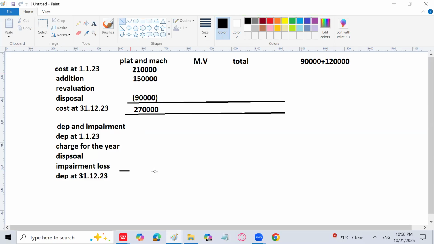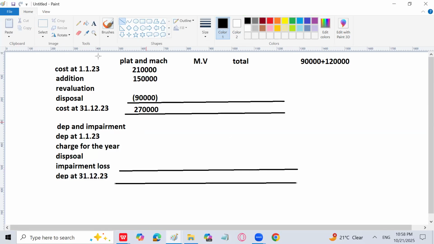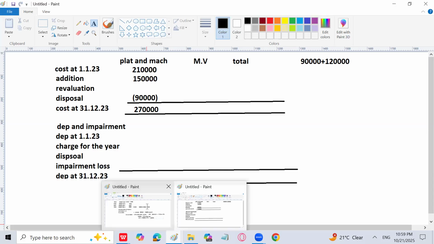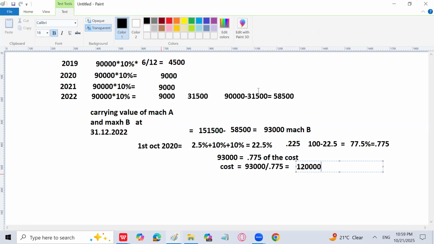Well, let me calculate it. First of all, I need to write the depreciation at 1st January 2023, which is not that difficult because we have already calculated that. How come, sir? See, we know the total depreciation till 31st December 2022 on machine A is 31,500, right?